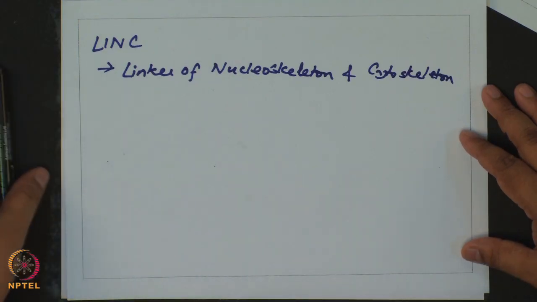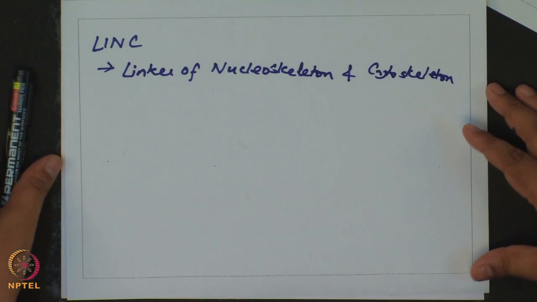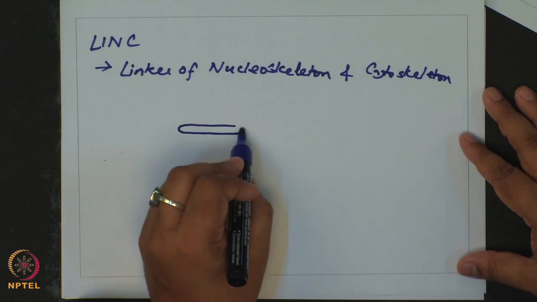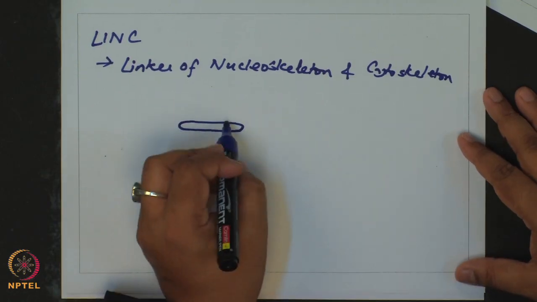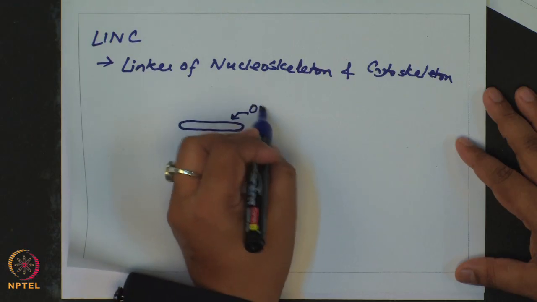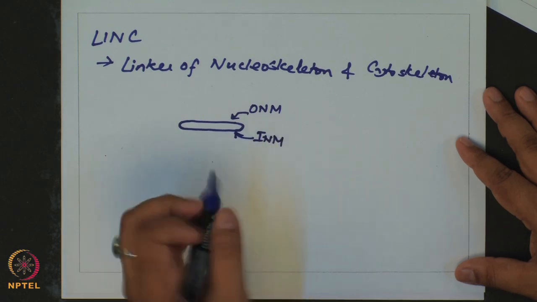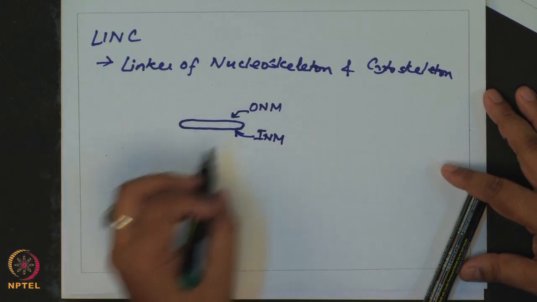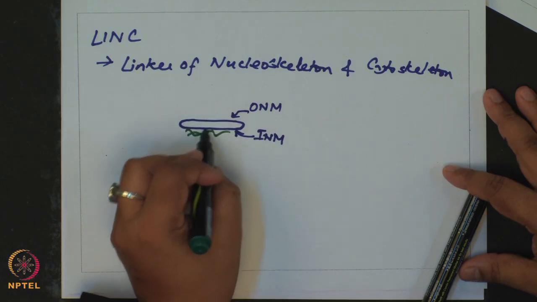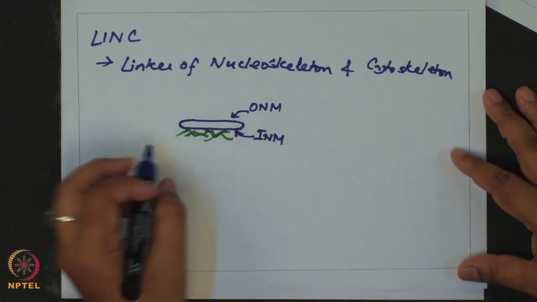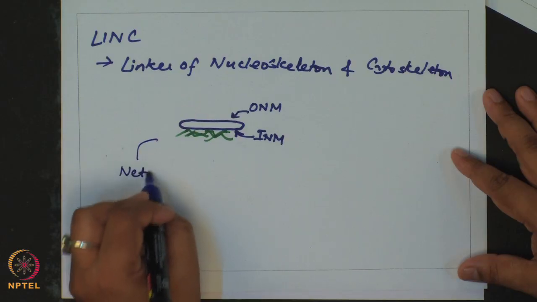Inside the inner nuclear membrane, if I draw a short segment, imagine that this is my outer nuclear membrane and this is my inner nuclear membrane. Just underneath the inner nuclear membrane you have a network of intermediate filaments.